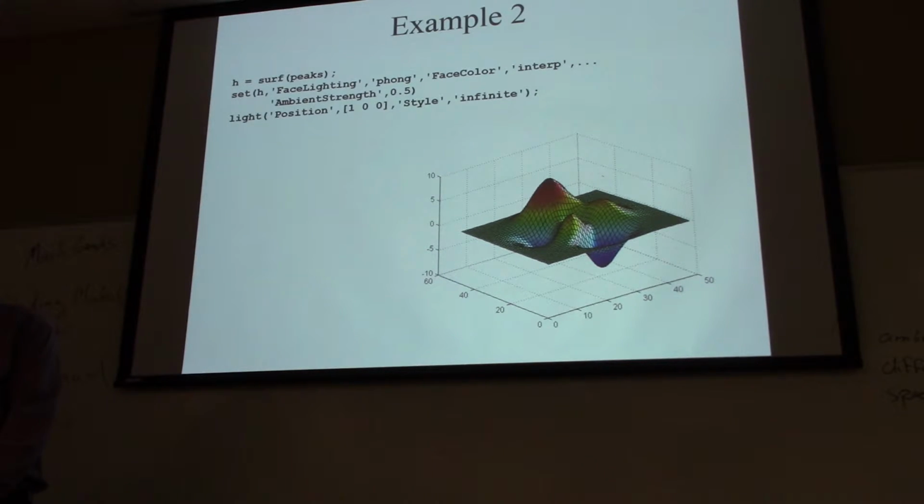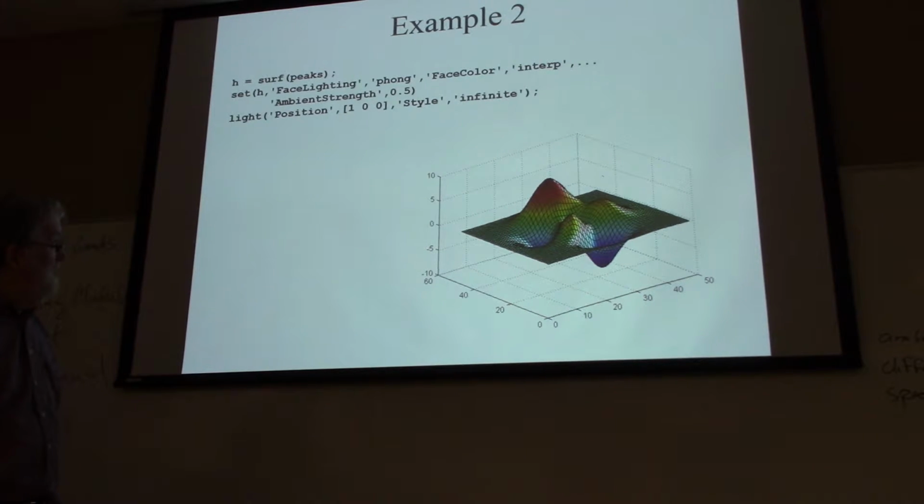So here is an example. We're defining a surface. This is the standard MATLAB surface. We've done that before. And here's how we apply the lighting. We're going to set the face lighting to Phong, so it's using the Phong model. The face color, we're going to do interpolation.